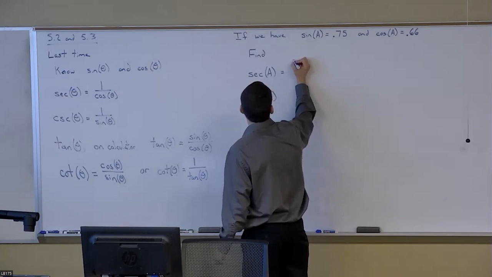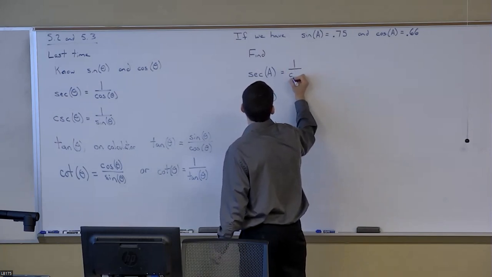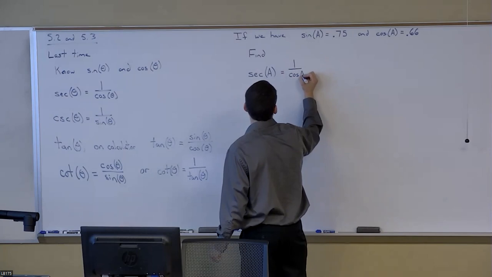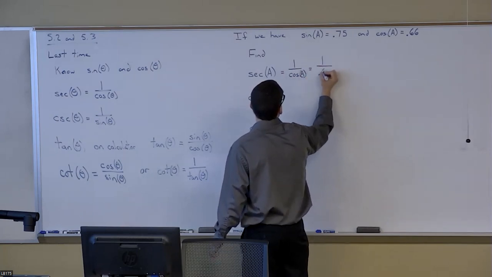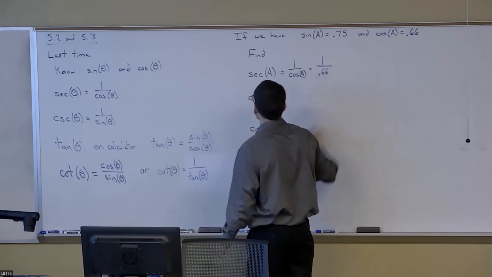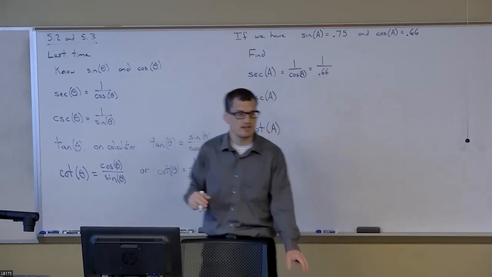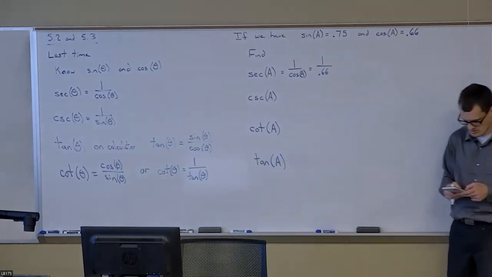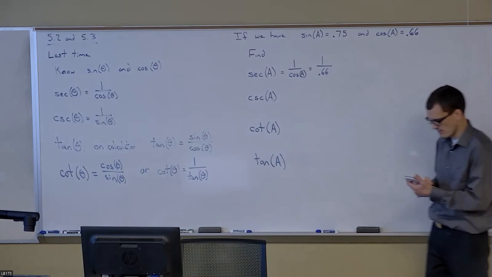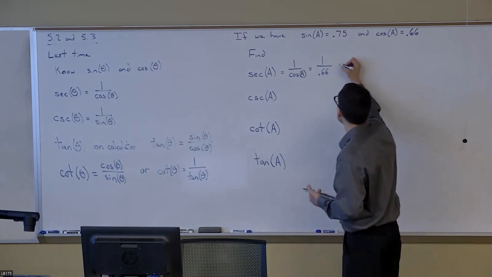Secant is 1 over cosine. So that's simply 1 over 0.66, whatever that happens to be. I'm just typing that in on my calculator. I get about 1.52.